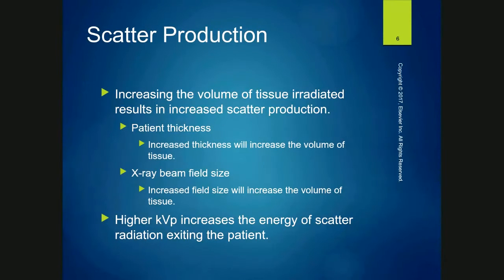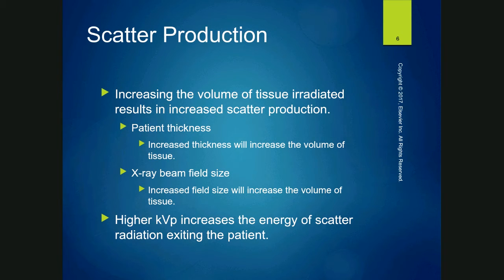So if you have your collimation wide open for something, you're going to have an increase in scatter. Or if you're x-raying someone's leg that's 10 centimeters thick versus somebody whose leg is 20 centimeters thick, you're going to have an increase in scatter radiation. So that's the volume piece of the things that increase scatter production.